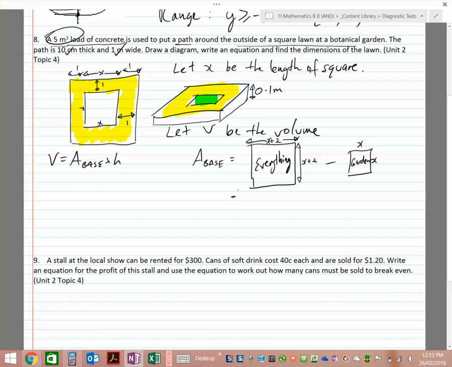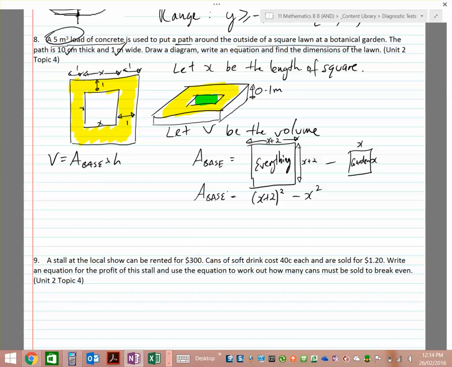So my formula for everything will be x plus 2 all squared minus the area of the garden, which is x squared. So that's the area of my base, which I'm going to substitute into my volume formula.